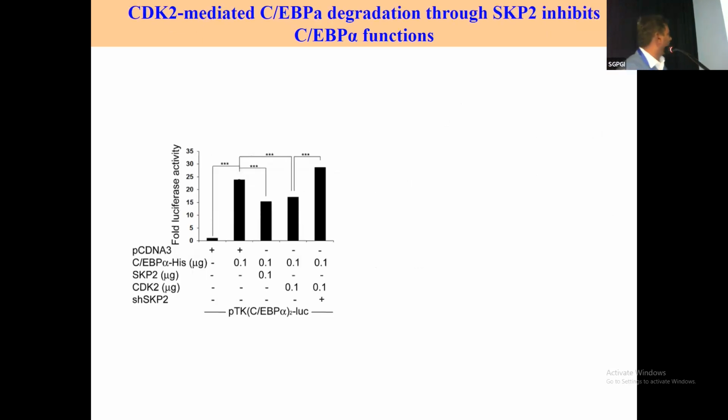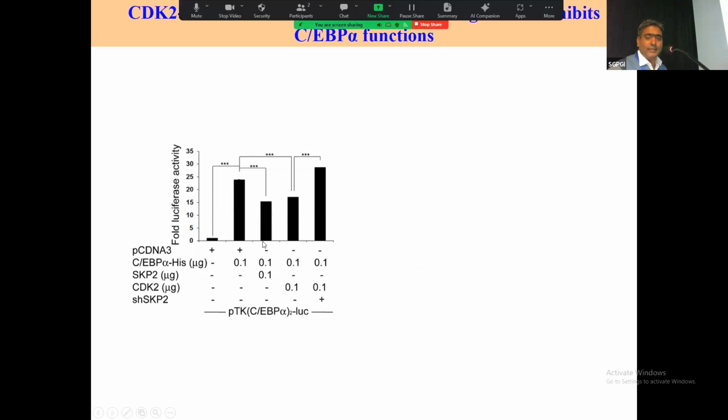We further confirm that when CBP alpha is downregulated via the CDK2 SKP2 axis, it is also impacting its transactivation potential through luciferase on a minimal PTK alpha loop. So you can see here with SKP2, CBP alpha function was downregulated, and with CDK2 it was again downregulated. In the last condition, when we gave CDK2 but depleted SKP2, the function was restored.